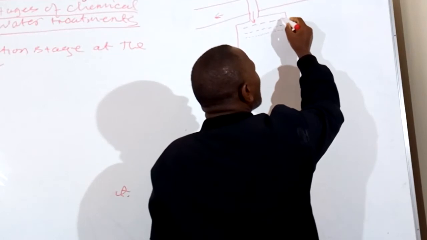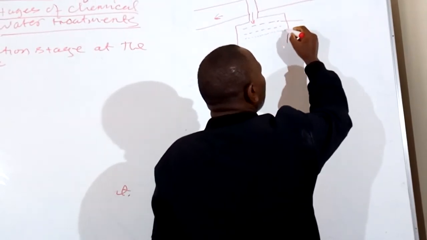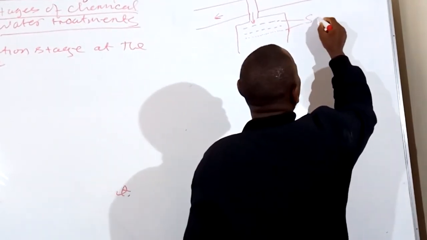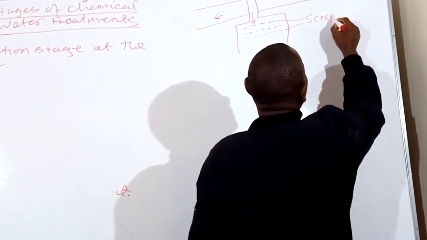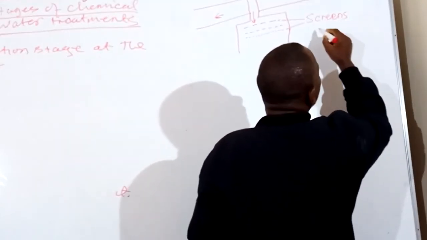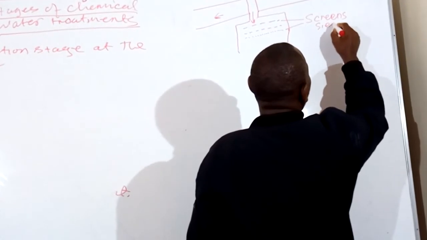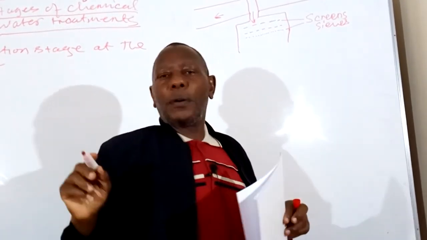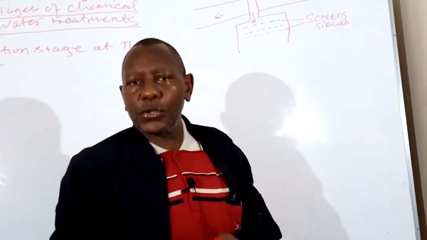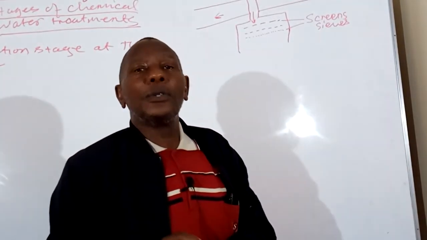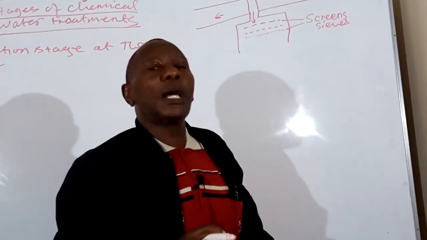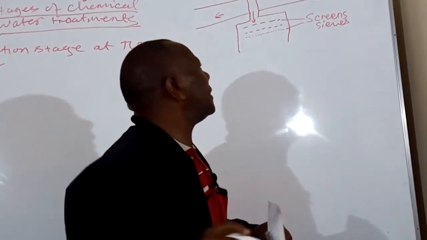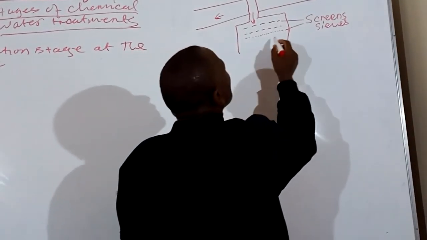So these are screens, and these screens are a form of sieves. They trap particles from large ones like twigs and leaves of trees to smaller particles that could have entered that water.